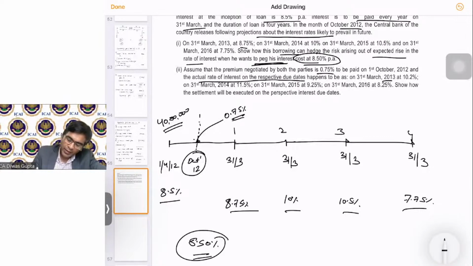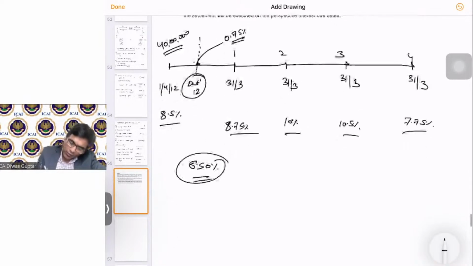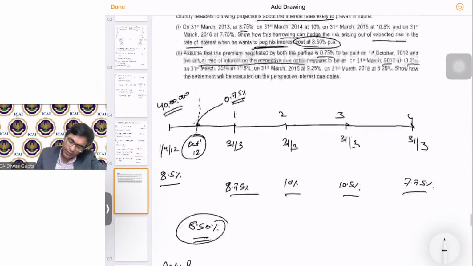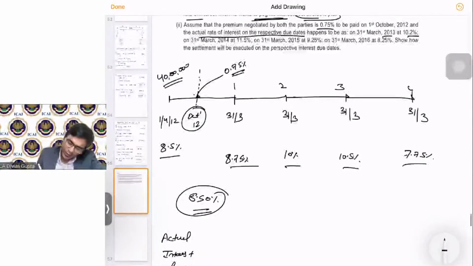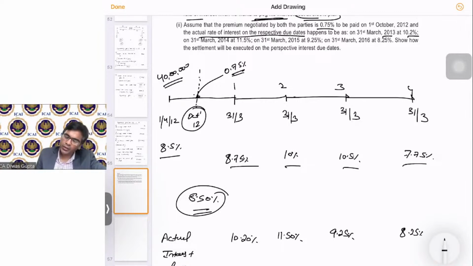And they have also given you the actual rate of interest on the respective due dates. 31st March, 10.2, then next. So let me put here actual interest rate. 10.2, 11.5, 9.25, 8.25.